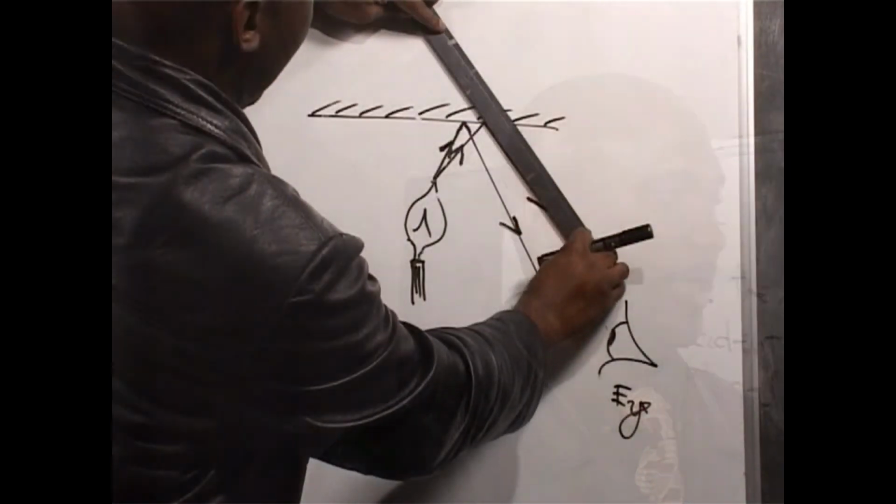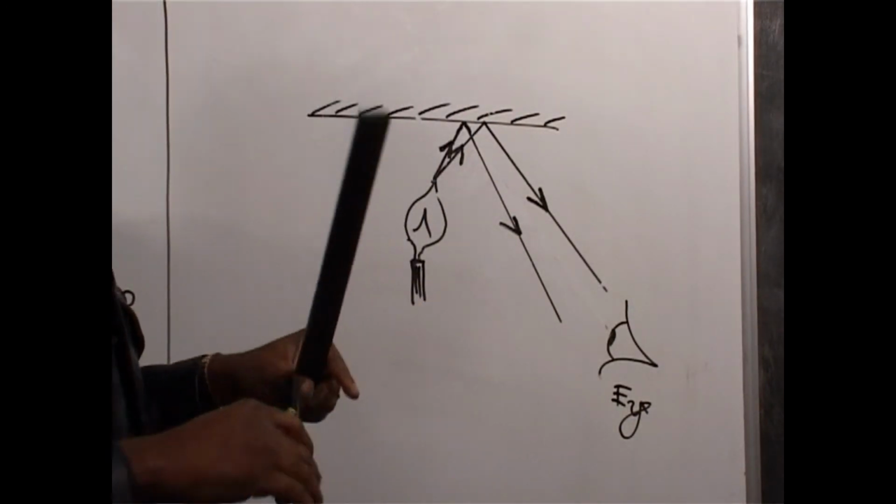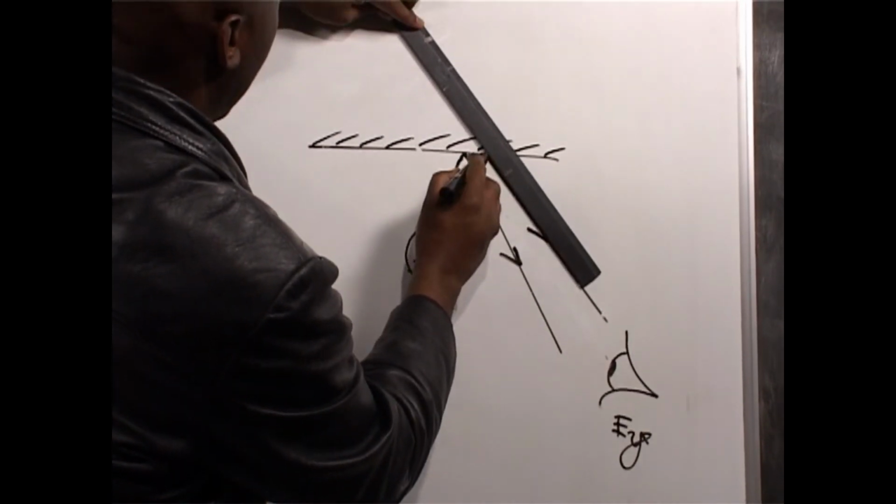Question number 4. Complete the diagram to show how the image of the candle flame will be formed or will be seen in your eyes. So you get your ruler.